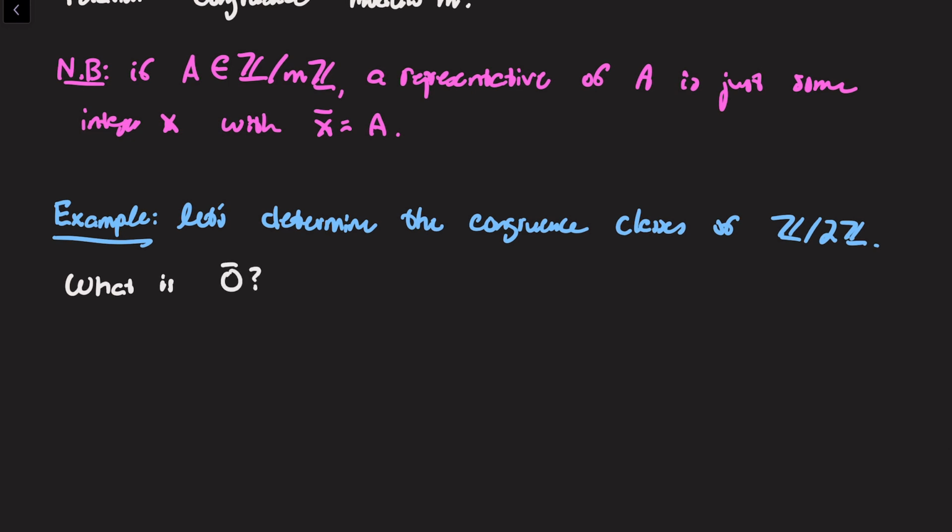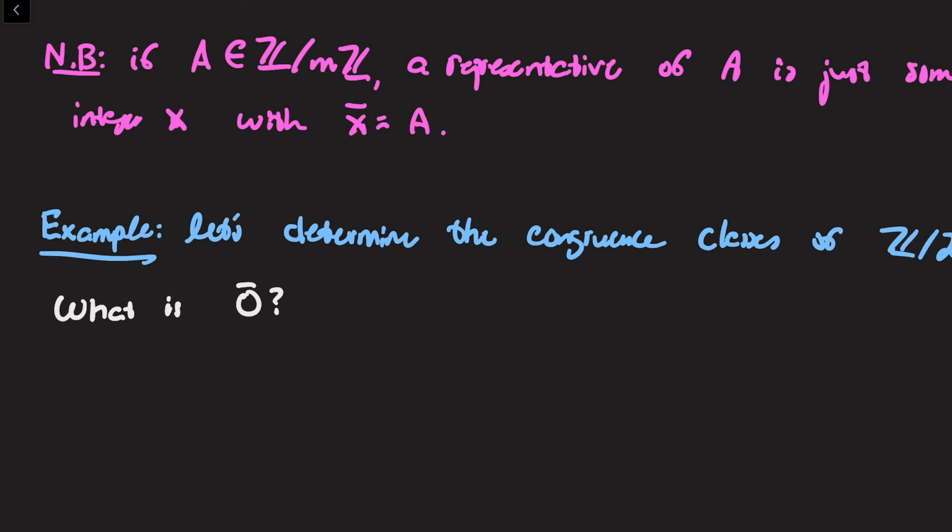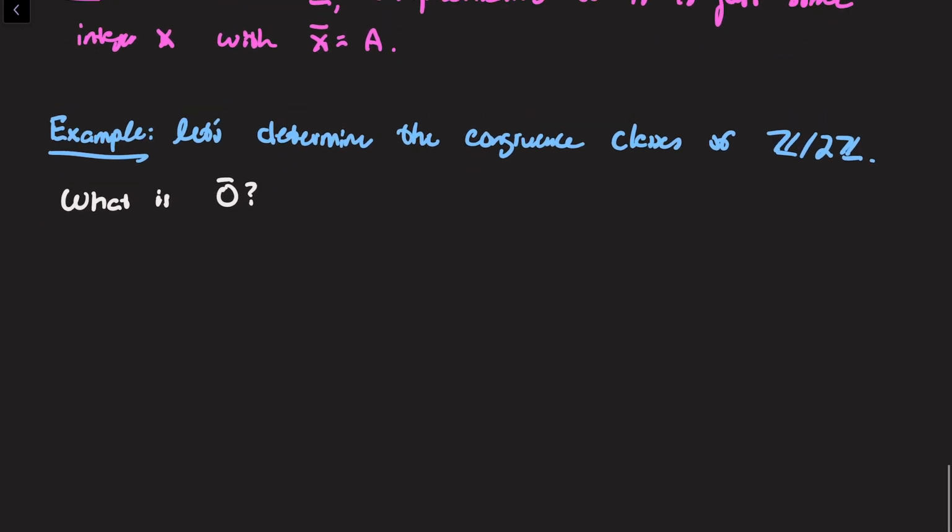Well, for a number to be congruent to 0 mod 2, it means that 2 needs to divide y minus 0, if and only if 2 divides y minus 0. But that just means that 2 divides y. And there's another way to say that. We just mean that y is an even integer.